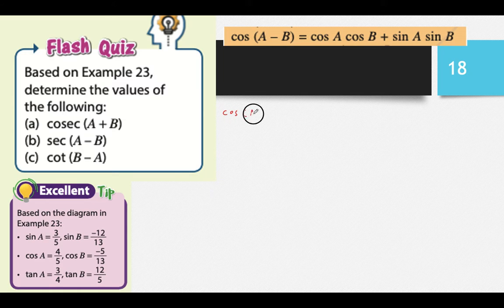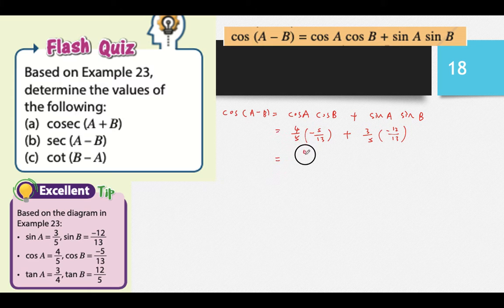Cos A minus B will be cos cos plus sine sine, A, B. Now cos A is 4 over 5, cos B is negative 5 over 13, plus sine A is 3 over 5, sine B is negative 12 over 13. Then you may use a calculator. This one cancels, 4 over 13.